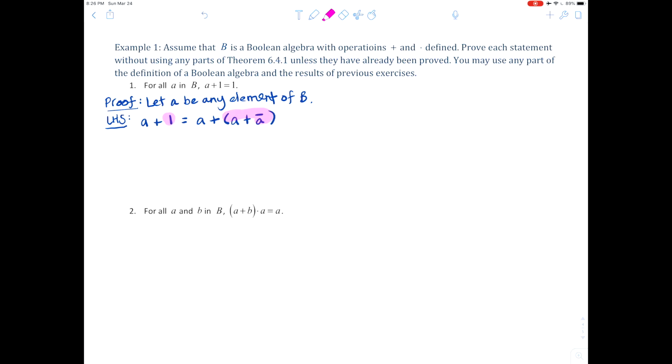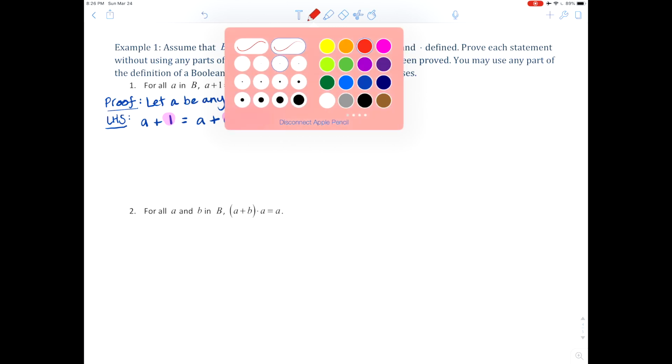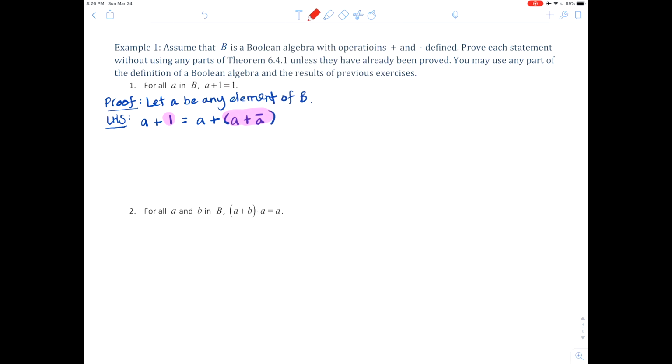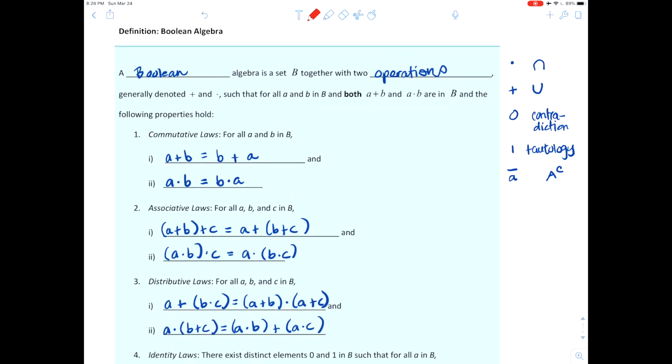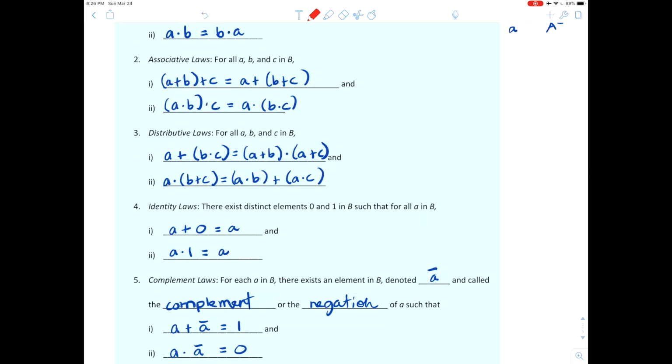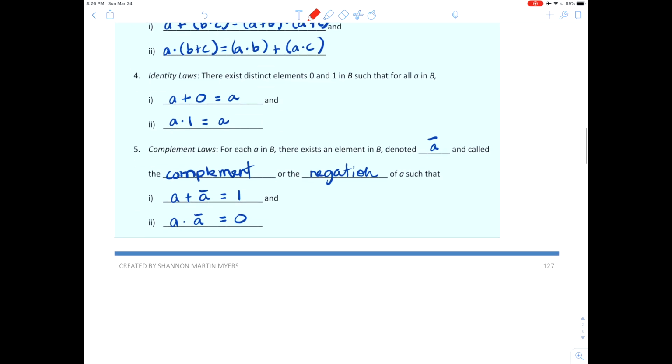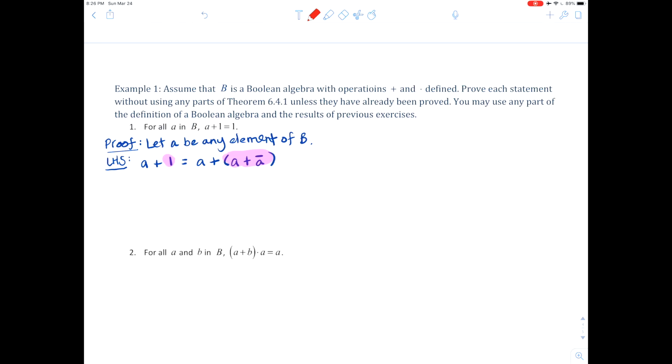So these guys are equivalent. And so putting down our rules we're using, these are not properties, but from definition. Okay, so we're going to use the complement laws. All right, and next up, that's going to be equal to, what are we allowed to use?